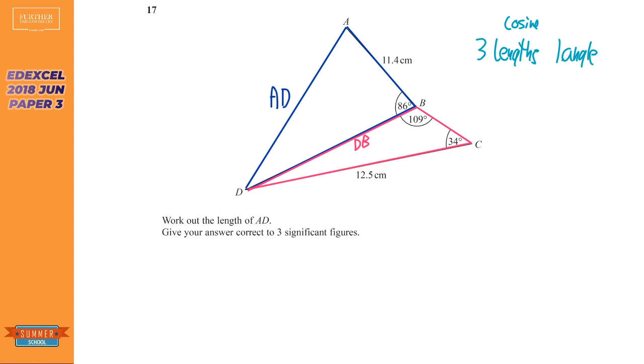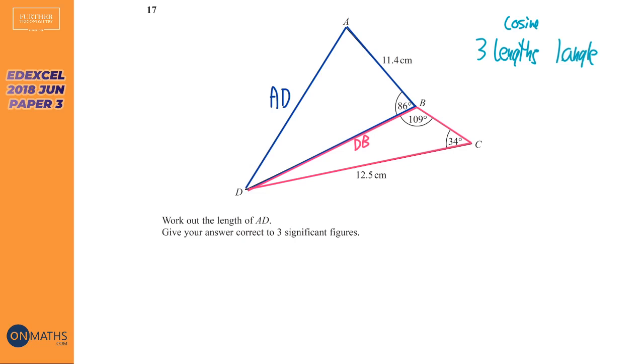Here we've got an unknown length, we've got another known length, but we don't have the length here, so we can't possibly use the cosine rule. You need to have all three lengths and one angle for the cosine rule to apply. So here we've got two lengths that are unknown, so the cosine rule is not going to work.